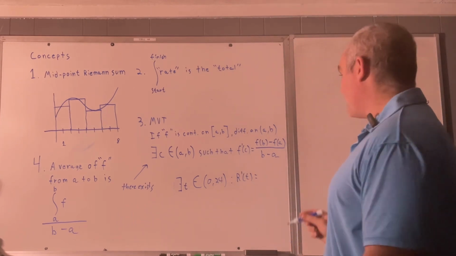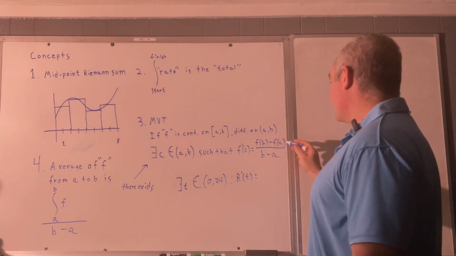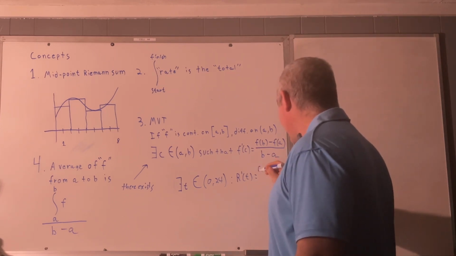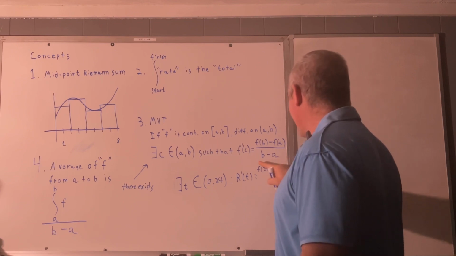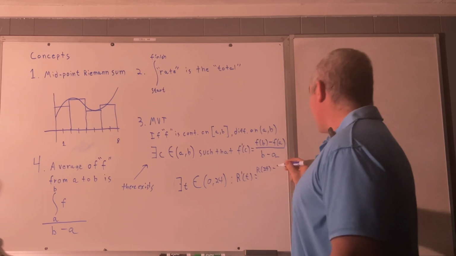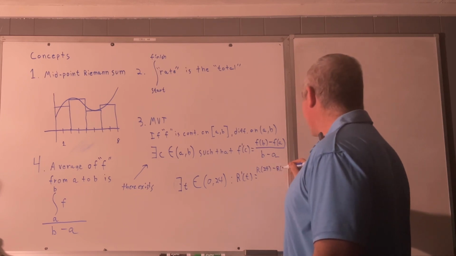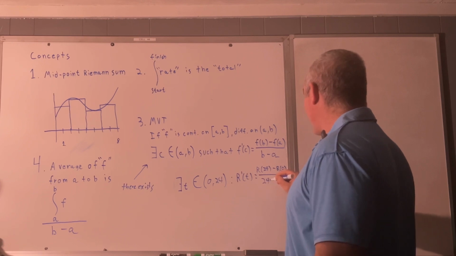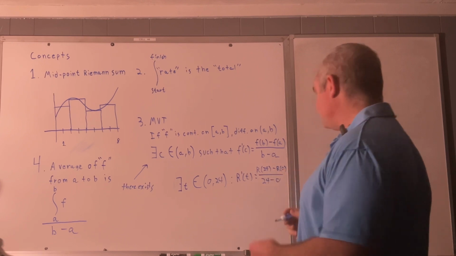Don't forget, b is actually 24. So such that r of 24 minus r of 0 over 24 minus 0.